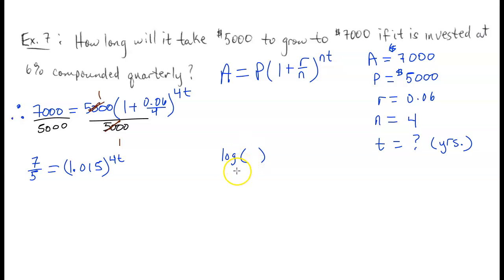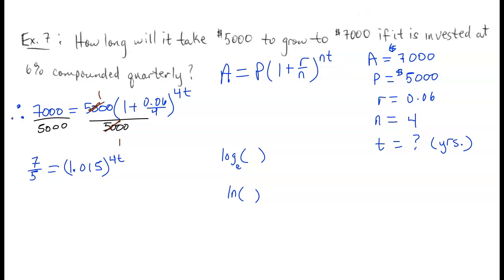Whenever we don't have a number in the subscript there, it's assumed to be log base 10. So we can either do log of both sides like this, or we can do log base e, which we better know as the natural logarithm, or ln. We can do that to both sides.